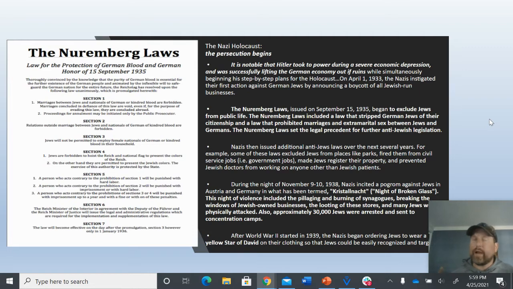Where now, with the dehumanization and the legal status less than right of the Jewish people firmly in place, it's only a small step to get to violence, and Kristallnacht represents that violence.